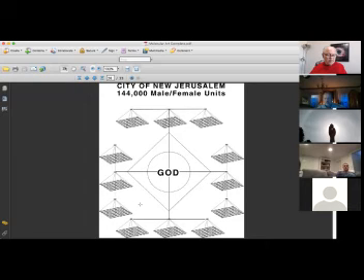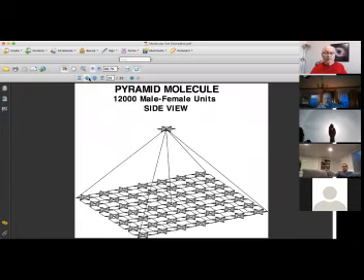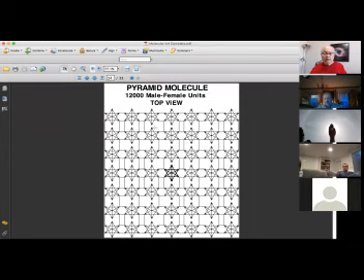Now the leaders of these 50 master molecules will eventually be a governing group, and they will be called the Council of 50. Okay, well, in this one here, I got ahead of myself. The leaders of each one of these will be composed of a council of 50.